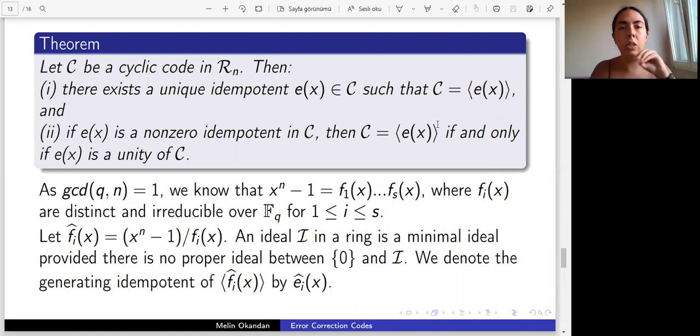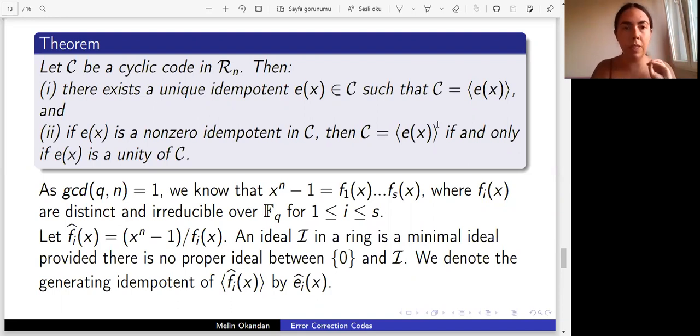Then we know that there is a unique idempotent in C such that C is generated by this idempotent. What is more, if we know that C is generated by this idempotent, we know that this idempotent e(x) is the unity of C. And if we know what the unity of C is, we know this idempotent will be generating our cyclic code. So we have so much information about how to generate C.